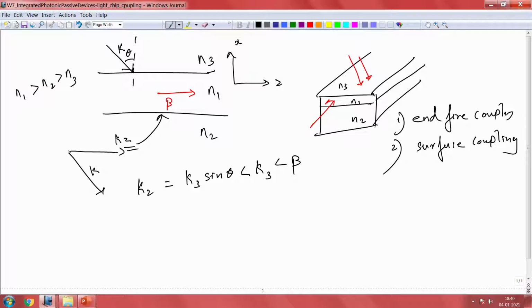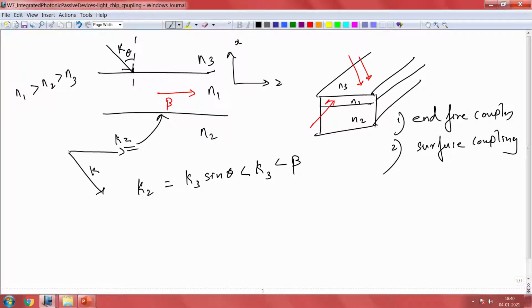It should be less than beta, but at the same time it should be greater than k naught sin theta, where beta is your propagation constant in the waveguide. This is rather difficult to do. It is impossible to couple the field into a guided mode system without the waveguide having some kind of special arrangement.